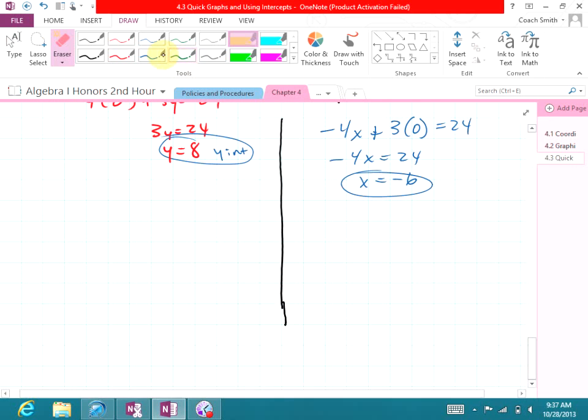I can just do this. That right there is all I really need. My y-intercept is 8. So 1, 2, 3, 4, 5, 6, 7, 8. So that is 0, 8.